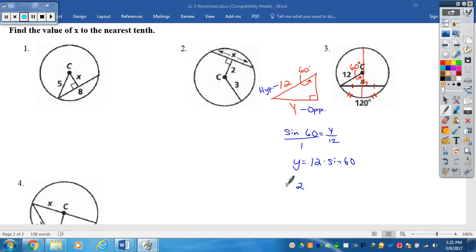So if I go ahead and do this, I wrote that wrong, x is twice 12 times the sine of 60, okay? You can get the value of what that is. And so if I plug this in, 2 times 12 times the sine of 60, okay, you end up with 20.8, okay?